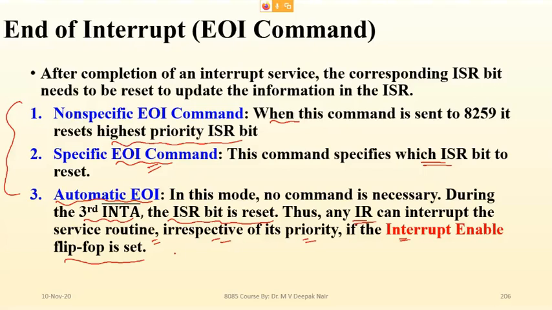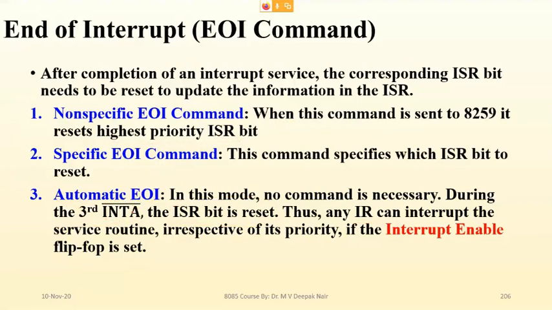After the third INTA, automatically whichever interrupt bit was requesting the interrupt will be reset. Simply, after the third INTA, that particular ISR bit will be reset. So these are the three ways by which the 8085 informs the 8259 that your interrupt service routine has been served or completed.